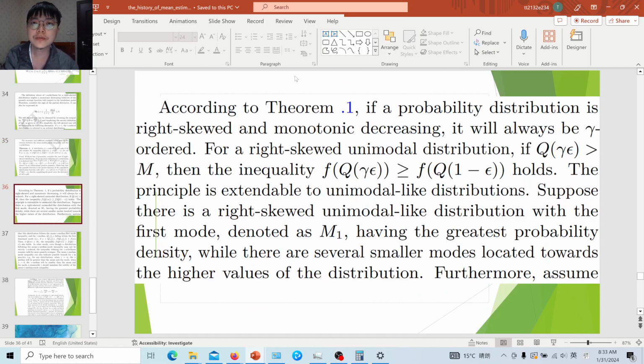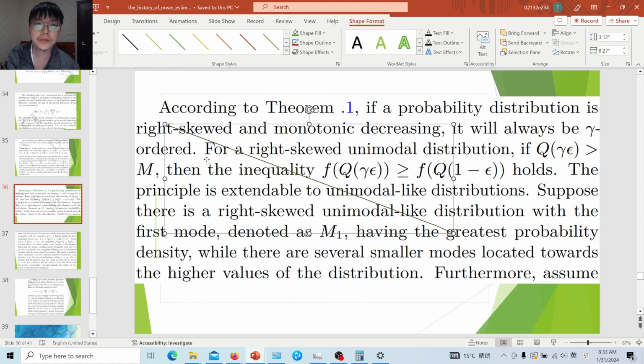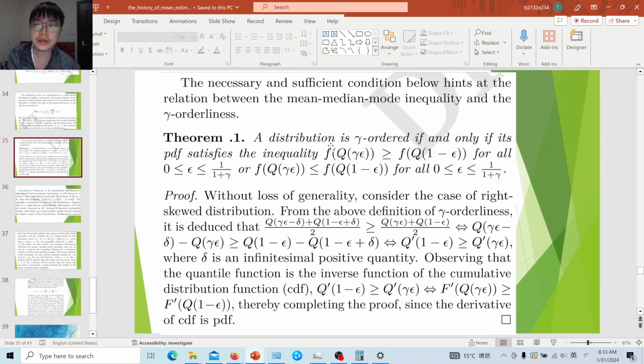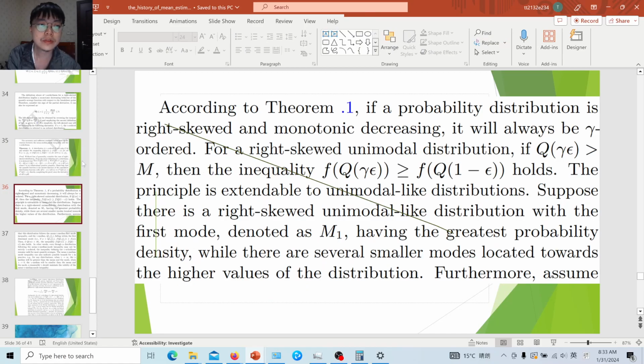This relation has a nice property: if we consider a right skew and monotonic decreasing distribution, the first quantile is always smaller or equal to the second quantile, and since it is monotonic decreasing, the probability density at the first quantile is greater or equal to that at the second quantile, and therefore it is always gamma ordered.